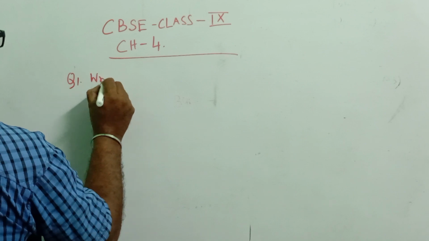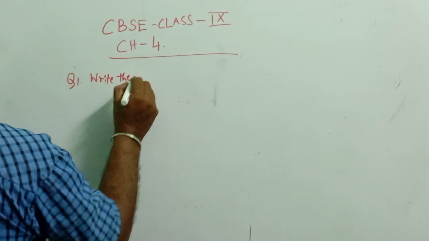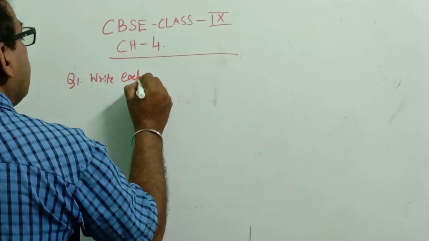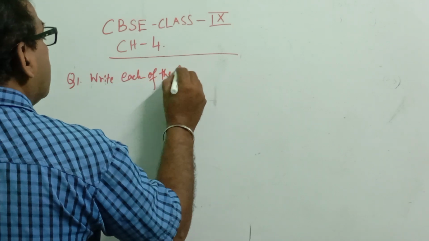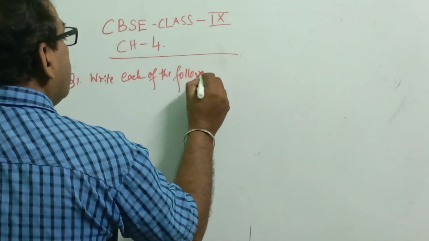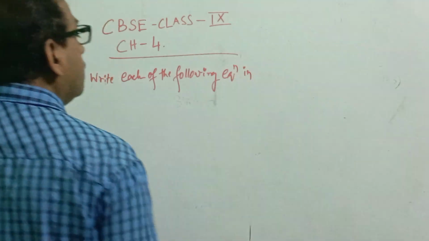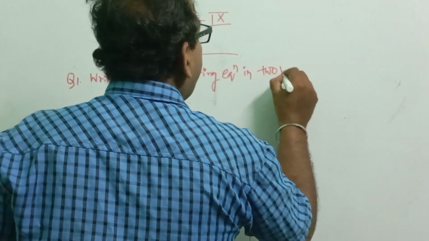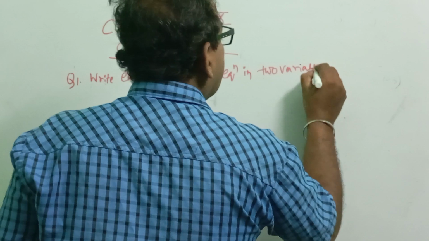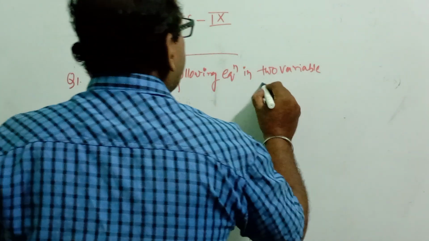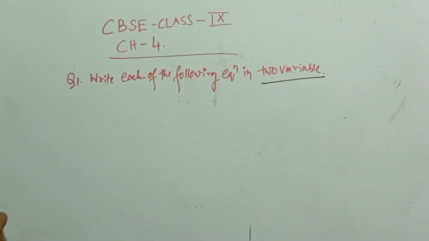Write each of the following equation in two variable. Clear? Maximum time this question is given in the exam. So they have given that first.